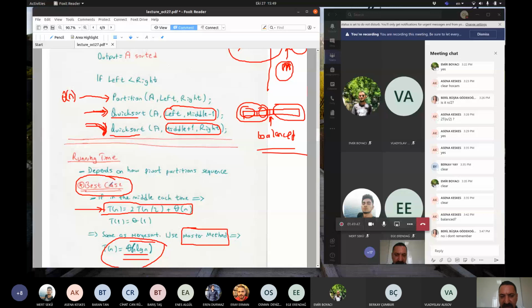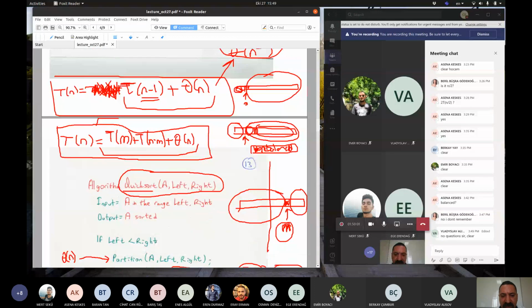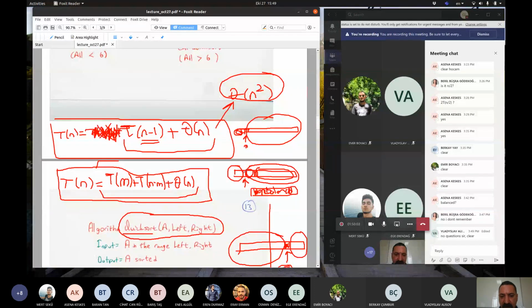For the best case analysis, we consider the best case partitioning possible for all the quicksort calls, and we come up with this recurrence, which is theta n log n. And for the worst case analysis, we see that unbalanced partitions are the worst case for quicksort, and we come up with this recurrence to describe its worst case running time, which evaluates to theta n squared.